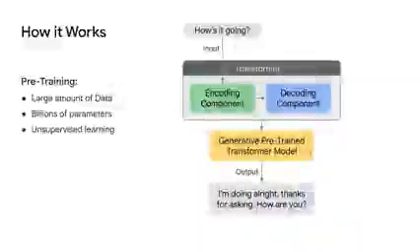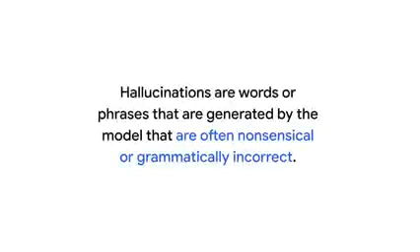In transformers, hallucinations are words or phrases that are generated by the model that are often nonsensical or grammatically incorrect.